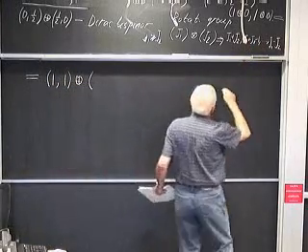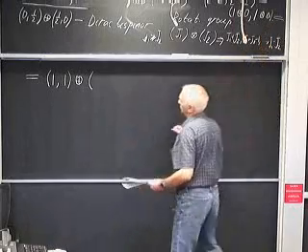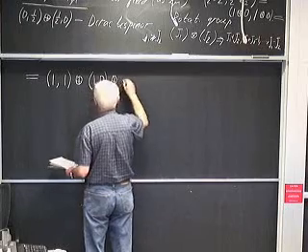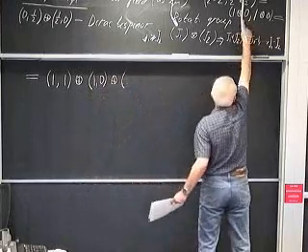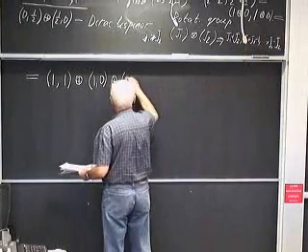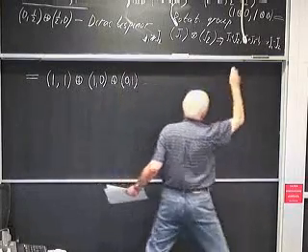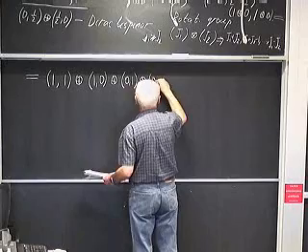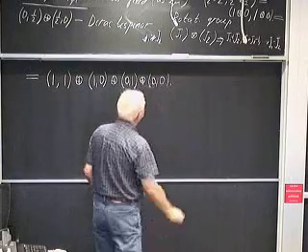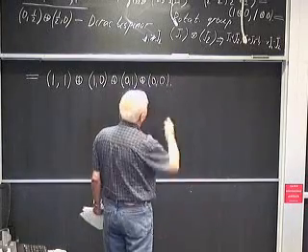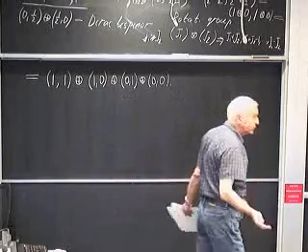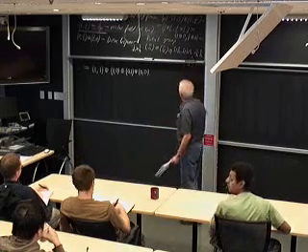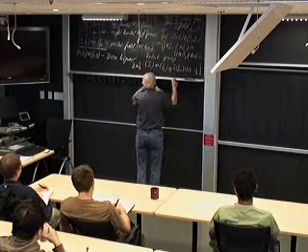And then I take 1, 0. And then I take 0, 1. And then I take 0, 0. So this tensor mu nu, how many components does it have? 16, right? Because mu 4 and nu 4, we have 16 components, right?